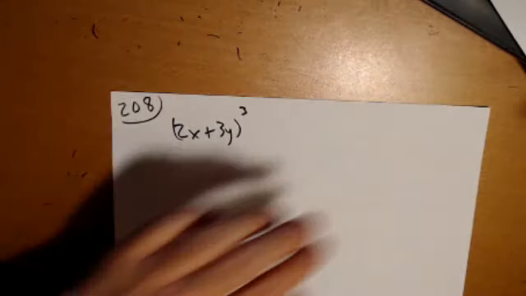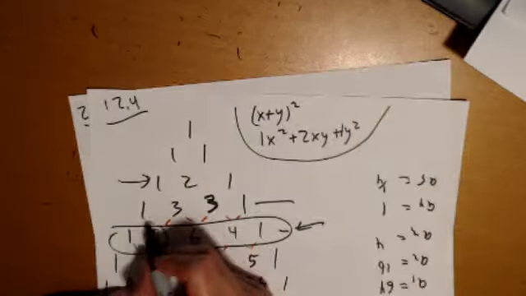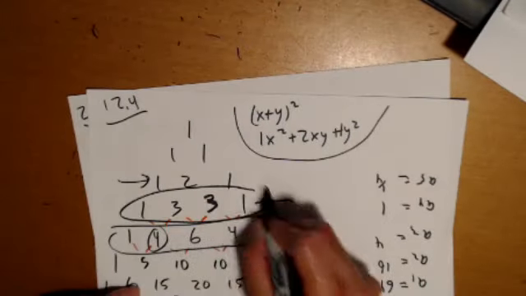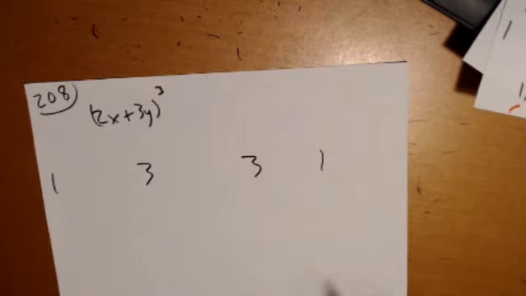So using Pascal's triangle for the third. So if it's 3, right, the number after the 1. So I'm going to be using the 1, 3, 3, 1 from Pascal's triangle because the third power. 1, 3, 3, 1. And now this is going to get tricky.